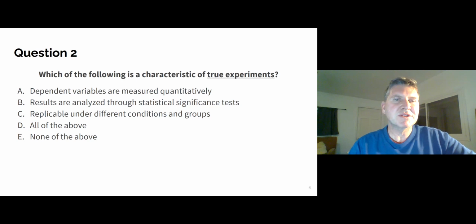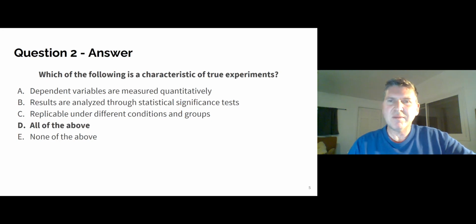We don't mean population as the entire world necessarily, but if I say, for example, fifth graders learn better online using games than they do in the classroom, then the population is fifth graders. We want to make sure that this can be replicated by other researchers as long as we have them follow the same experimental design. The answer is all of the above. All three of the above are important to a true experiment.